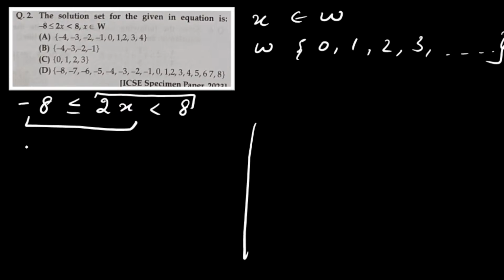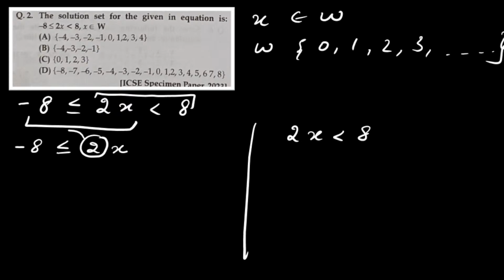If I solve this one, it is minus 8 less than equal to 2x. The other part is 2x less than 8. Now we can just solve it. Two values of x we will get. From here we have to solve for x.